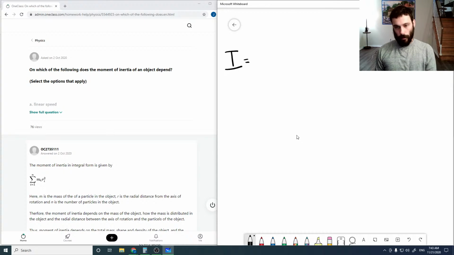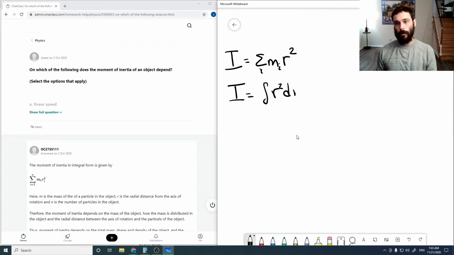So the moment of inertia is, for a discrete object, a sum over all the objects times the mass of the object and the distance of the object from the moment arm squared, or in a continuous object, the integral r squared dm. And so what the moment of inertia depends on is the mass of the object and where everything's sitting, so how it's distributed, but it also depends on where the moment arm is chosen.